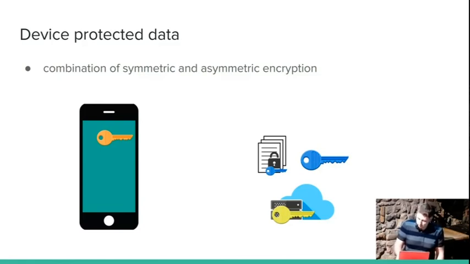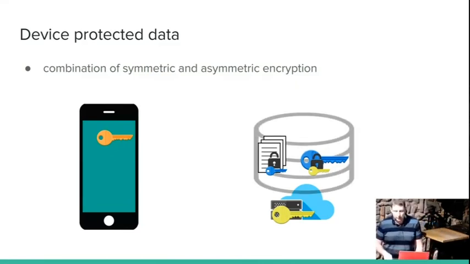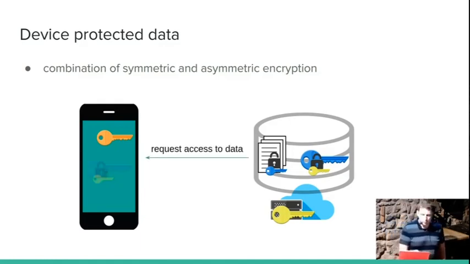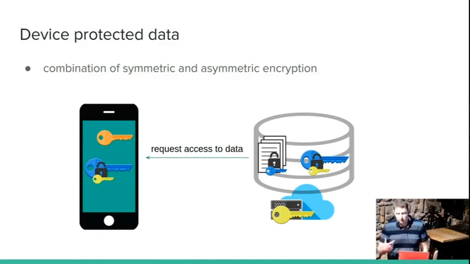So what we do, we encrypt the symmetric key with the public key of the device, and we store both in a database. So we have the encrypted data and the key that accesses it, which is protected by the device. So next time we want to access the data, we just need to push this encrypted key to the device.